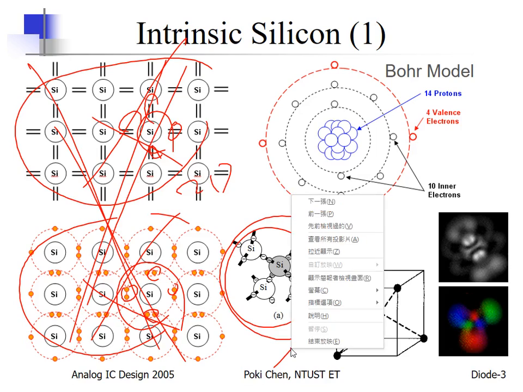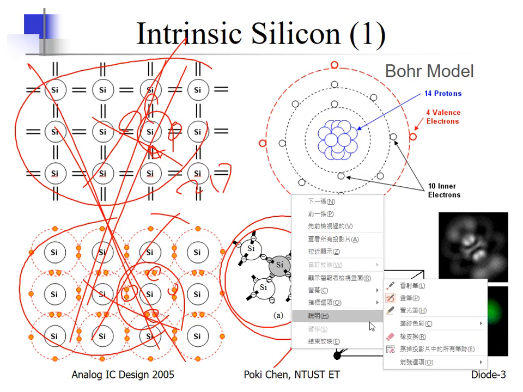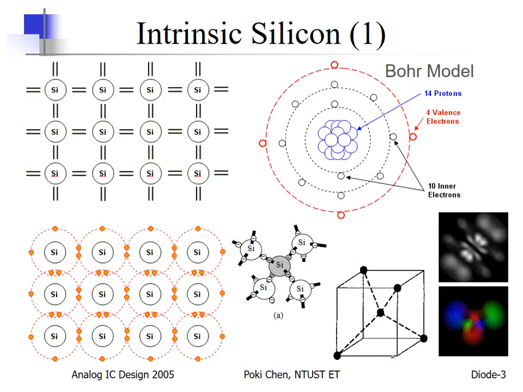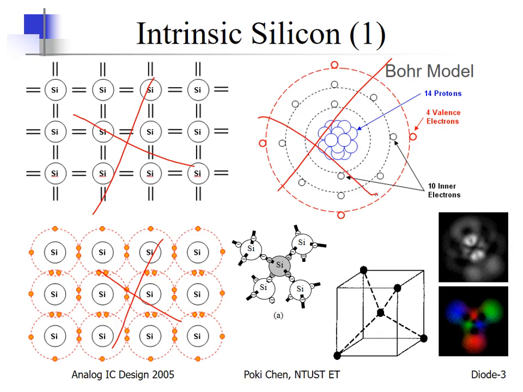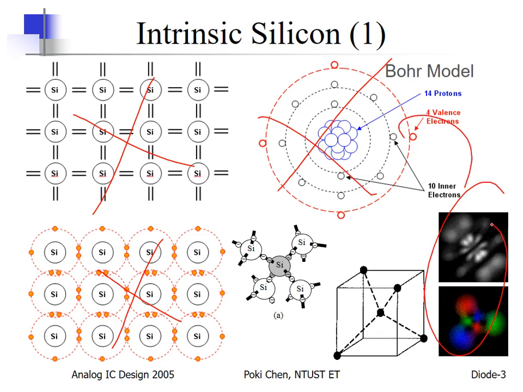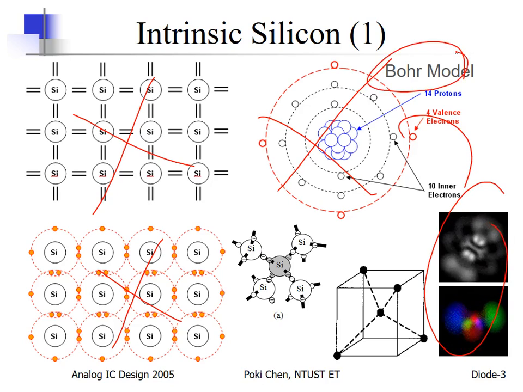But I mentioned quite many times, incorrect, incorrect. So what is the correct model? Allow me to show you this. That is from quantum physics. Don't think the Bohr model is correct, where the electrons circulate around the nucleus just like the moon circulates around the Earth. Is it correct? No, never.